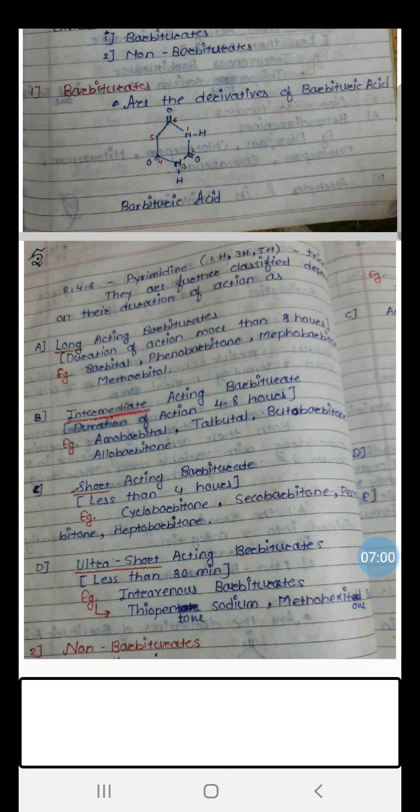Sometimes in certain books you will find this triclofos sodium is classified under alcohols. The third category under non-barbiturates is acyclic hypnotics containing nitrogen. That means open chain structures but having nitrogen in their chemical structure.